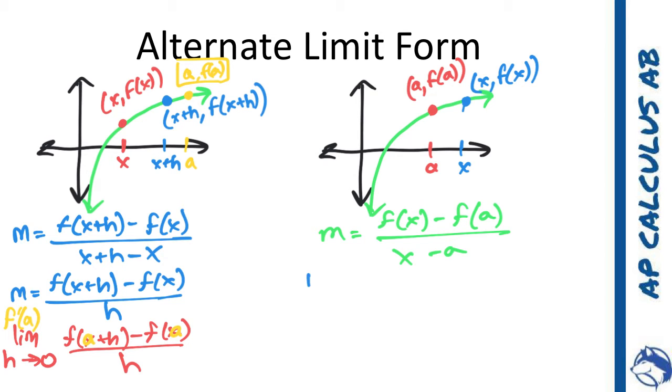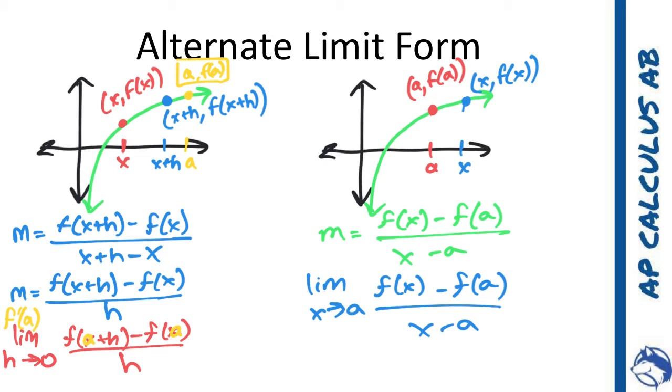The difference here now is that we want to take the limit as x approaches some value a of that f of x minus f of a all over x minus a, and that's going to give us the same thing as what our standard one did. The only difference is we're not finding that general function, we're just finding the slope at that point, which is defined as a.